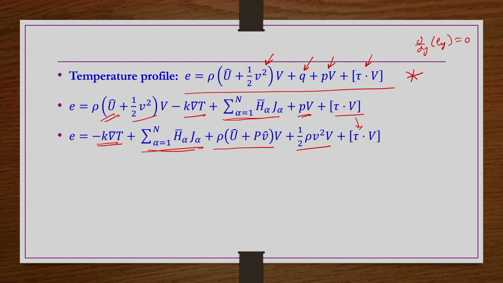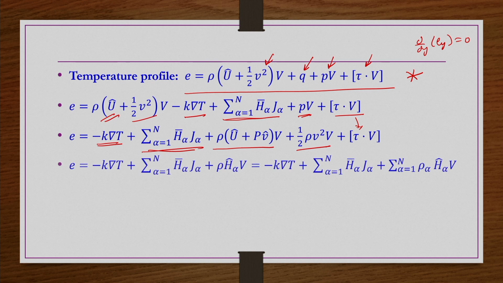Why are we writing it this way? So that this U plus PV we can write as H. So now here H tilde, we are using tildes, so we are writing for only one component. There are n number of components, so then we have to write a summation. The remaining two terms are as they are.